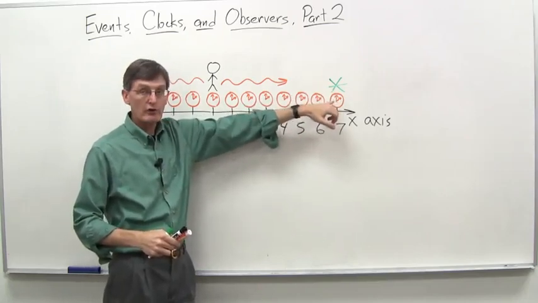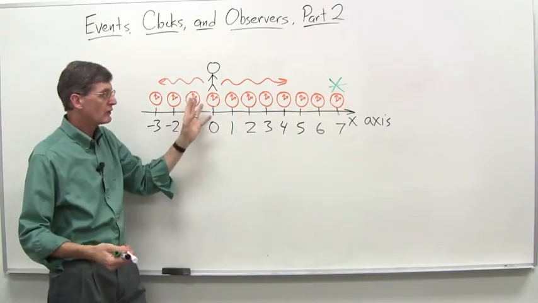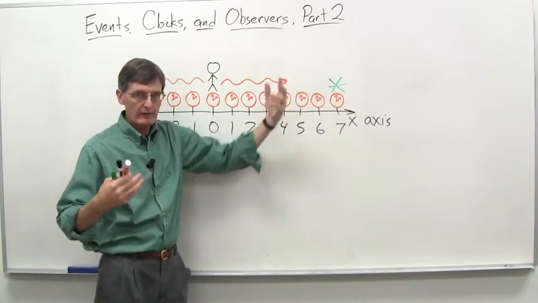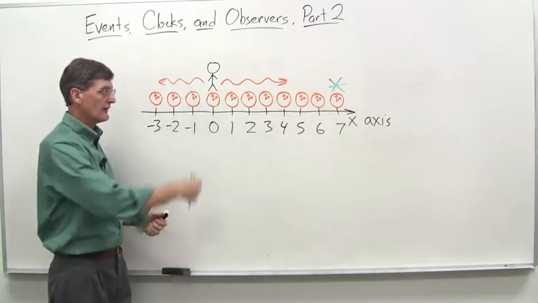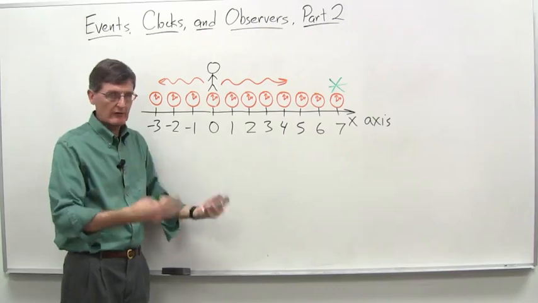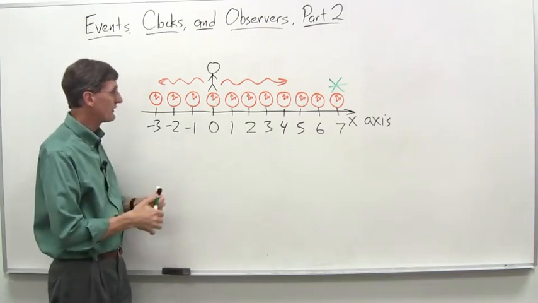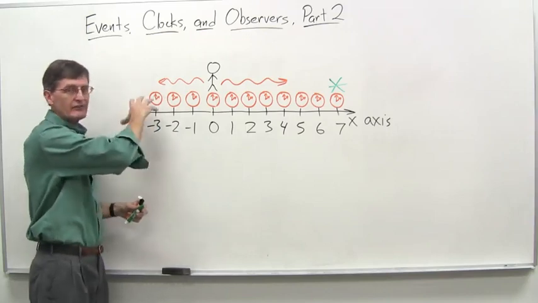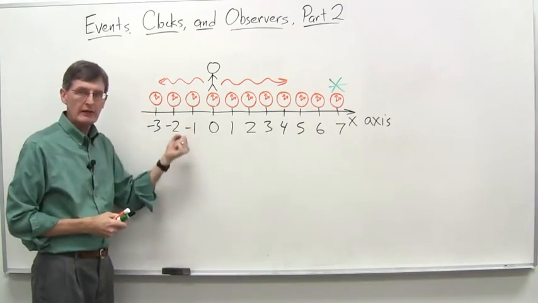The clock will record the time of the flash, and then the observer later on can go out and look at that clock, look at the photograph there, and say the flash was recorded at x equals 7 at t equals 3.8 seconds or something like that. And so again, that's the idea of events, clocks, and observers and how they all fit together and what it means to make an observation.